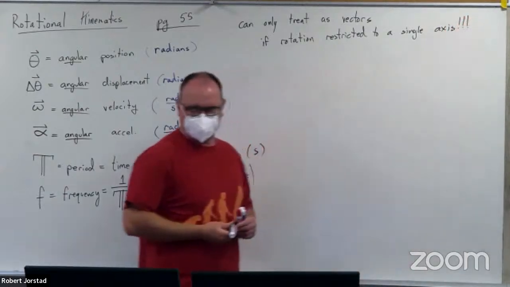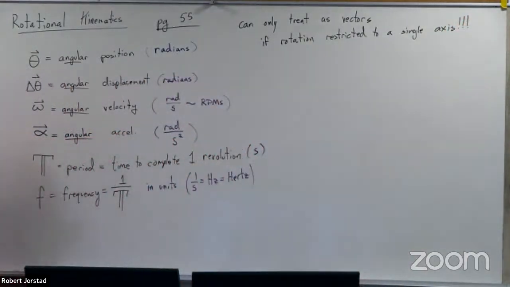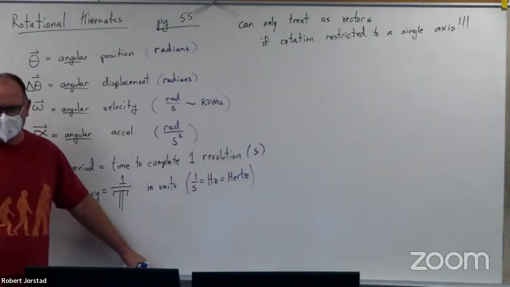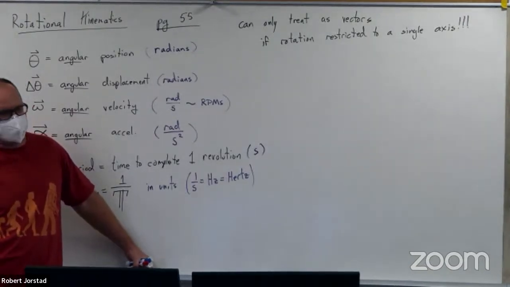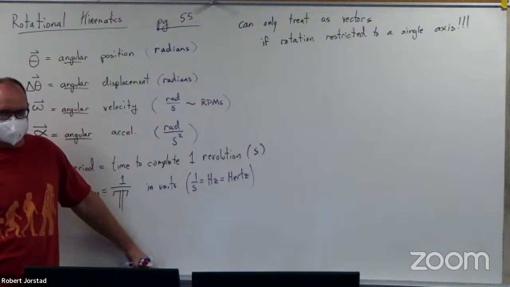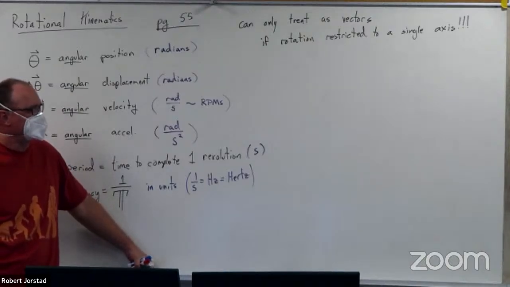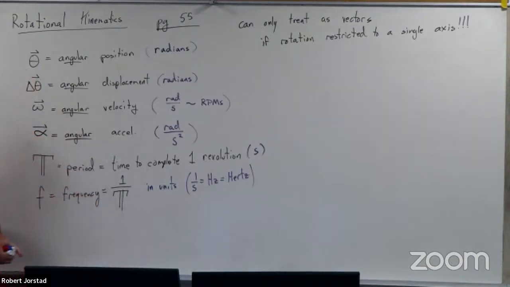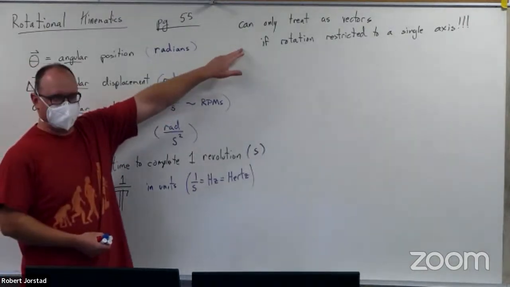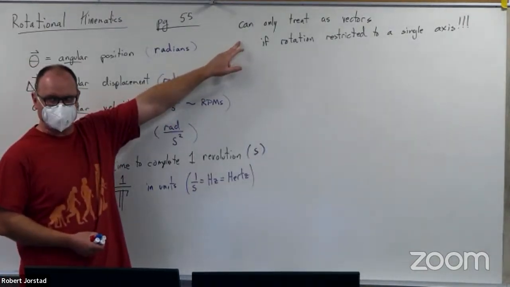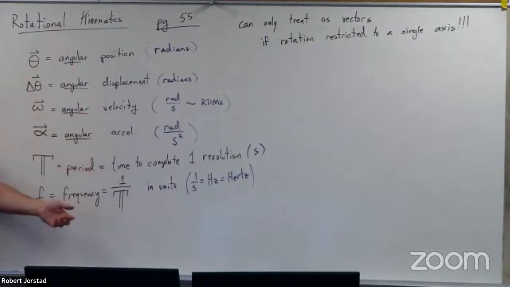We are going to restrict ourselves to rotation about a single axis. You may be saying, that's not much of a restriction. But in some cases, you might be rotating about the x-axis and the y-axis simultaneously in a spaceship or something. As long as we're rotating about a single axis and that axis isn't changing, then we can treat these things as vectors. Okay with that?